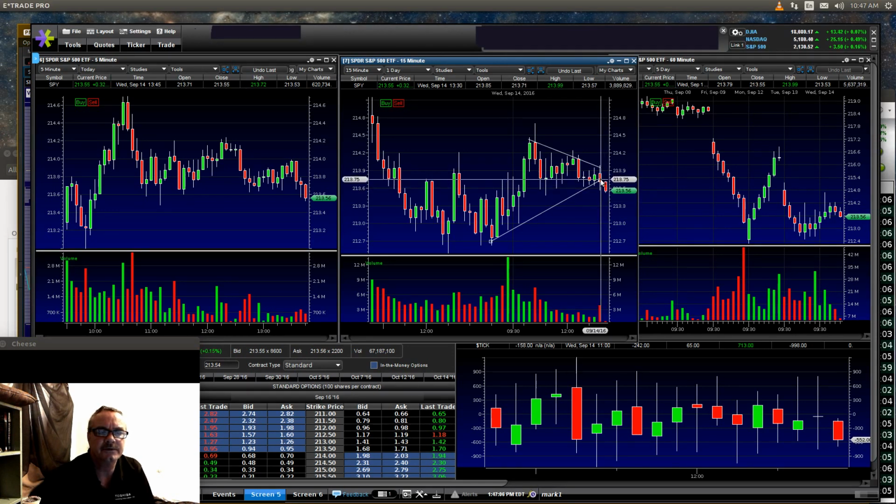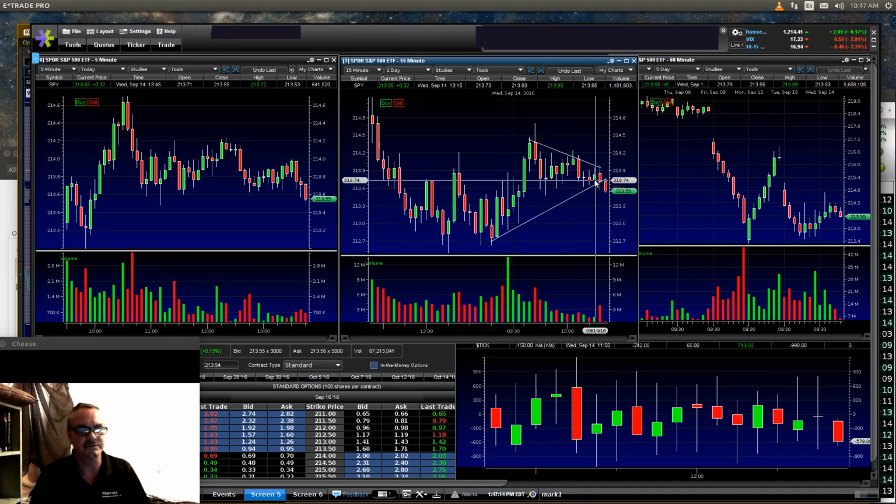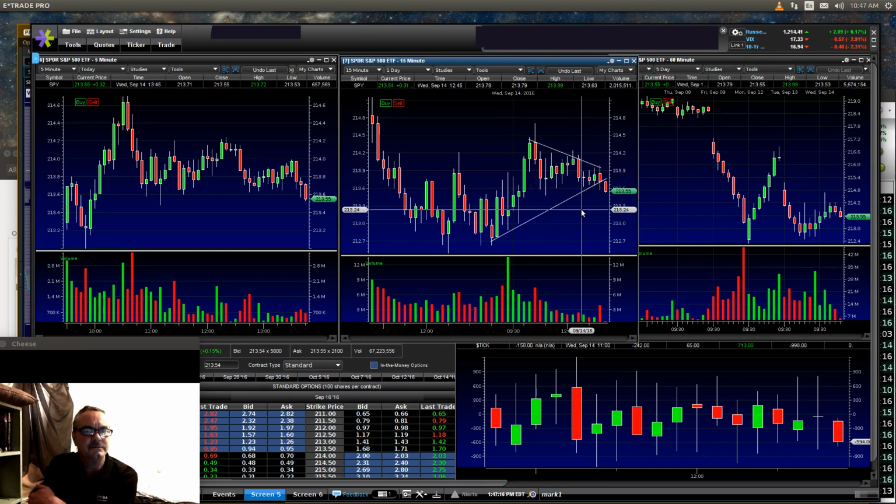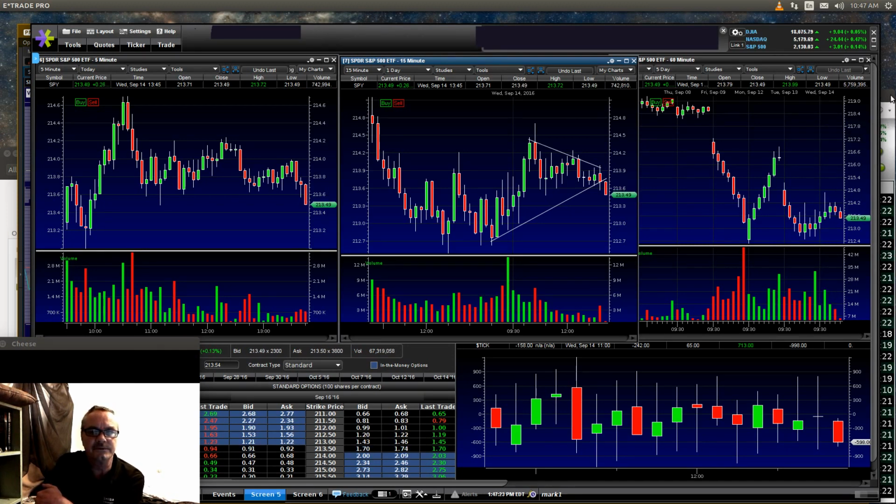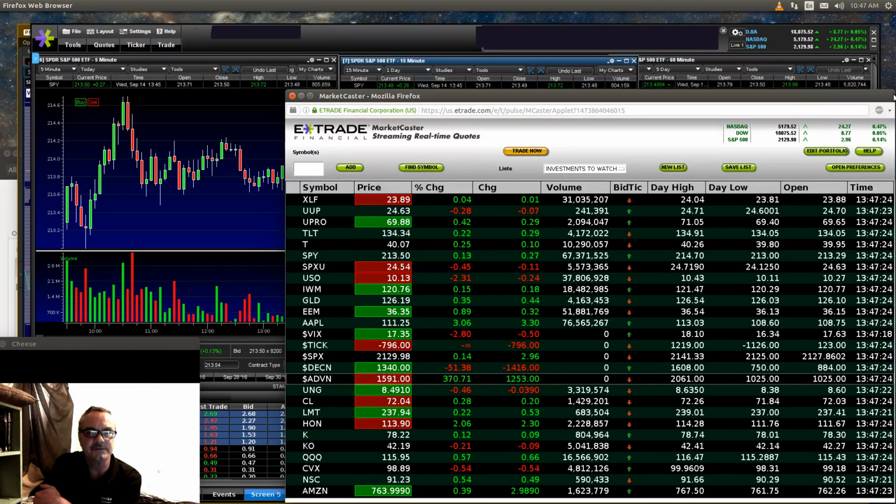So I would say this would be the resistance now that it's broken out of the triangle. So the question has been answered. Market wants to look lower.